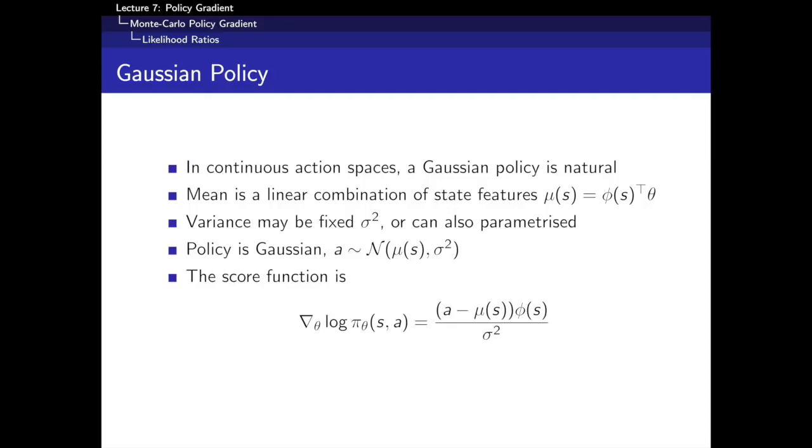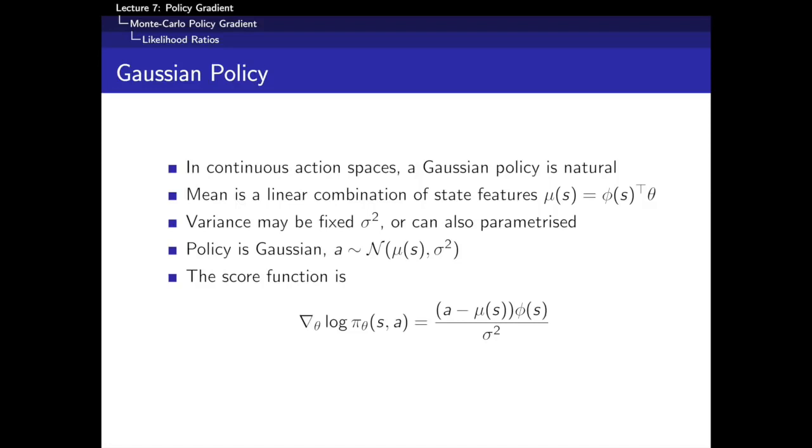So we basically want to know, let's take the action we actually took minus the mean. That tells us how much more than usual we're doing a particular action. Multiplied by the feature. And then we just scale that by the variance. So in both of these cases, the score function takes this form of how much more than usual am I doing something. And that's quite intuitive when we start to look at these policy gradient updates.